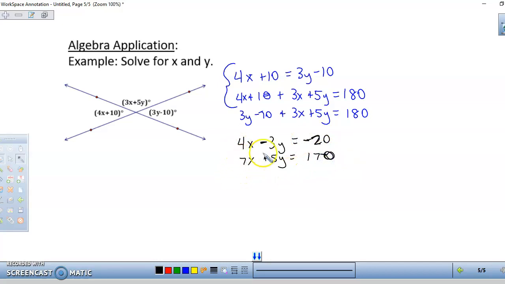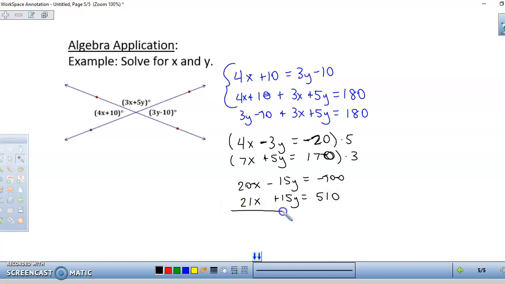Okay, so these don't match, those don't match, but I'm going to multiply this by 5, and I'm going to multiply this by 3. Okay, I may run out of time, but I'm going to give it a go here. So that's negative 100 times 3, so 21x plus 15y equals, what is that? 510, I think.